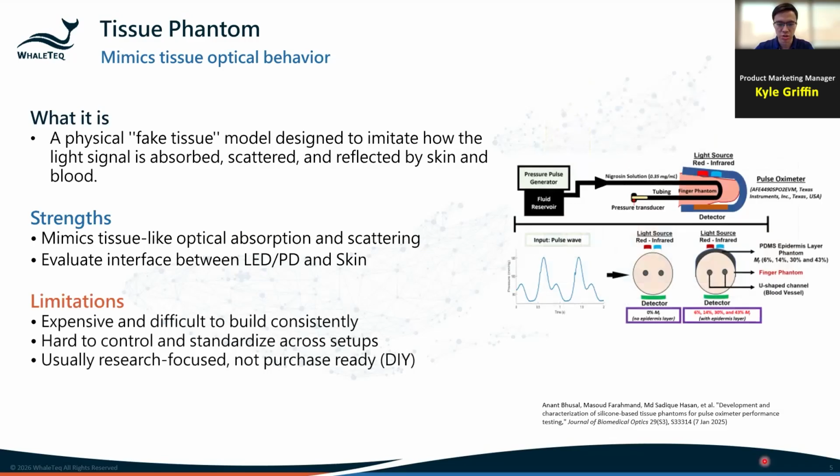And just to show you how complicated it can be, here is a recent research paper in 2025 that goes over the current method. You use a pressure pulse generator to send a pulse wave through a fluid reservoir, which then transmits that through a U-shaped channel that's embedded within the fake finger, and that simulates the movement or the pulse for your DUT to pick up.